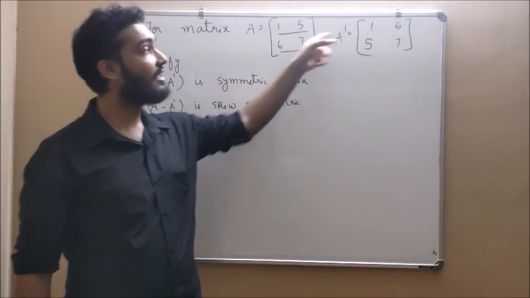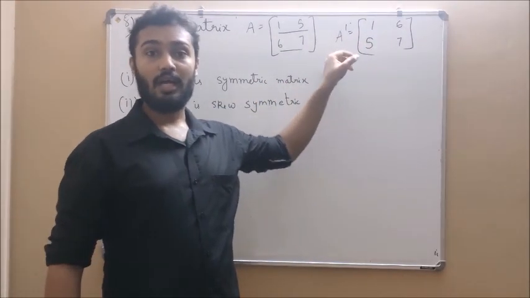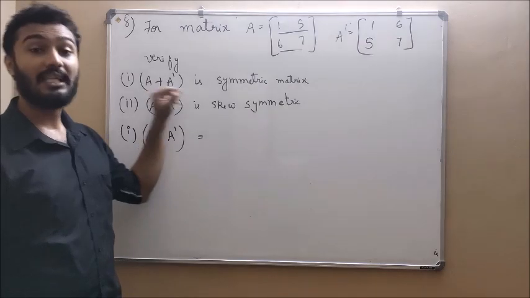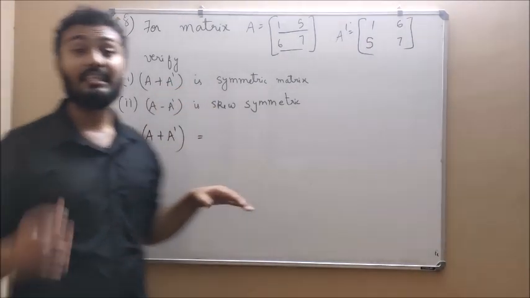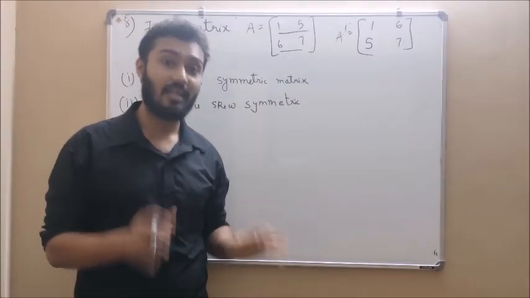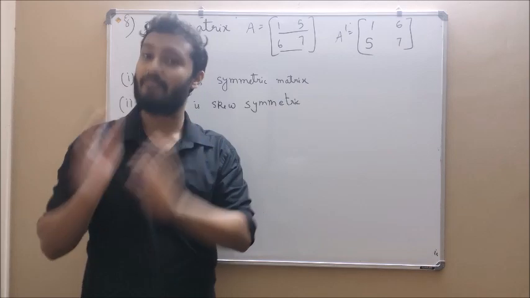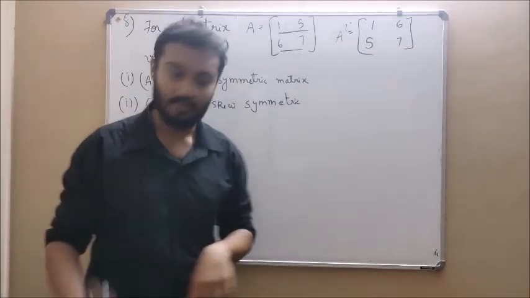So row 1, 5, write as column, 6, 7, write as column. Now A plus A dash. Addition of matrix is nothing but add the corresponding first element with the first element, second with second, third with third, and fourth with fourth.